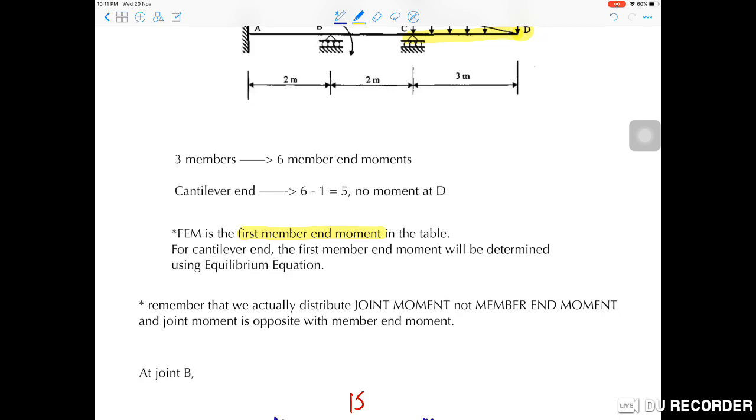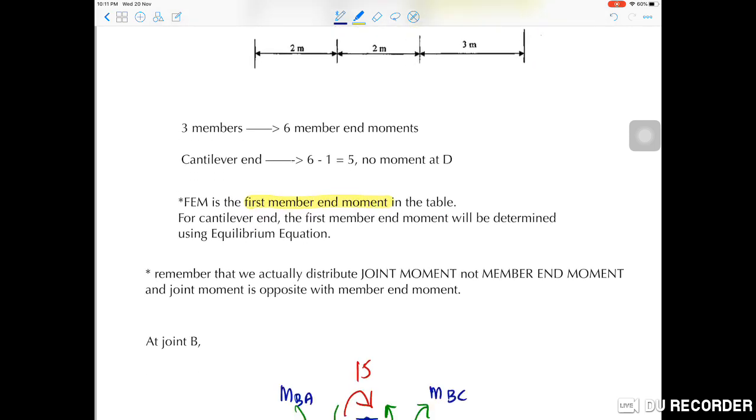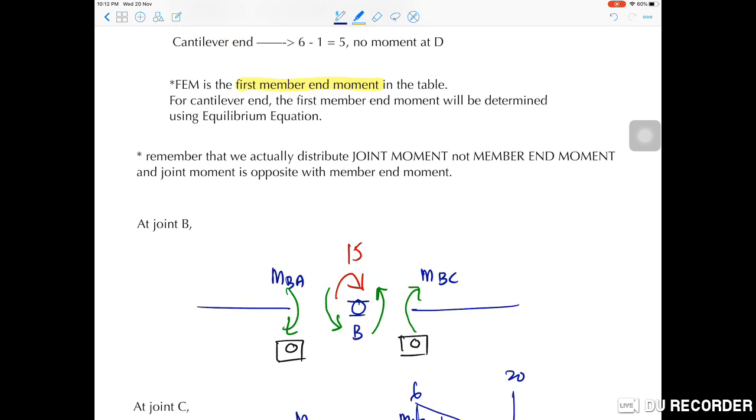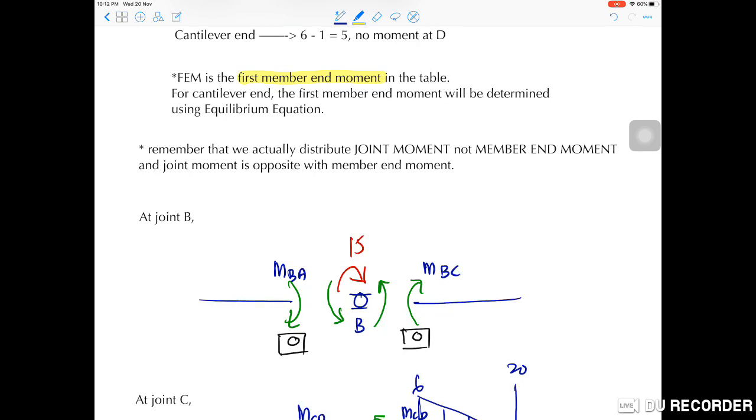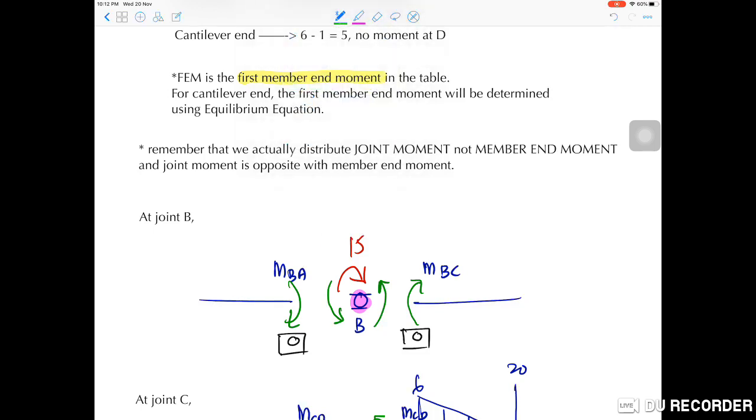I want to highlight 2 joints here, joint B and joint C. This is joint B, and this is the diagram for joint B. This is the joint moment.